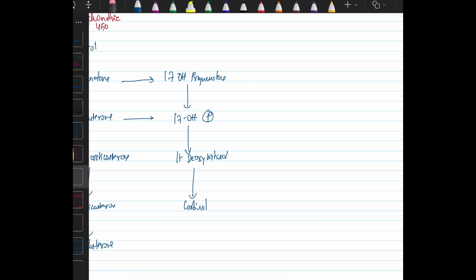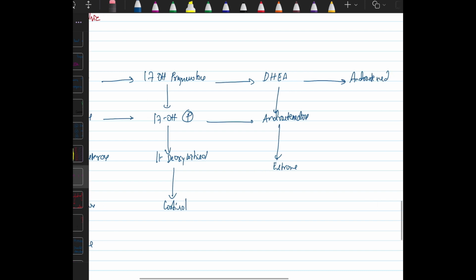Okay, this 17 hydroxy pregnenolone and progesterone again get converted to DHEA, which gets converted to androstenedione. Androstenedione gets converted to estrone. DHEA gets converted again to androstenediol, that forms your testosterone, and that will give you E2. This is E1, this is E2, estradiol.